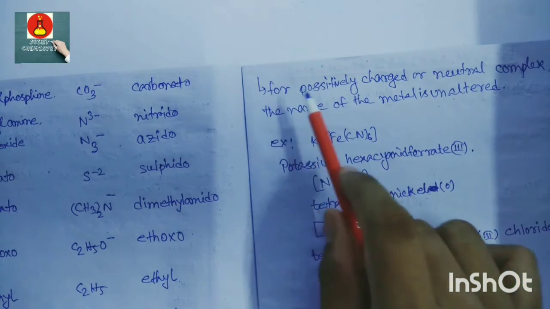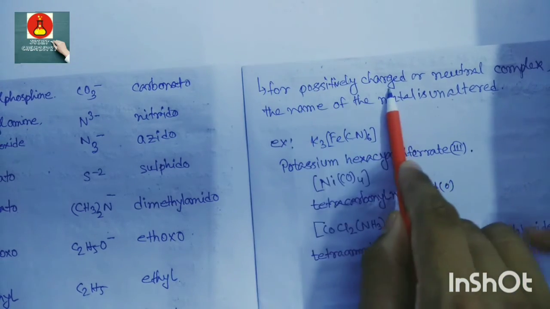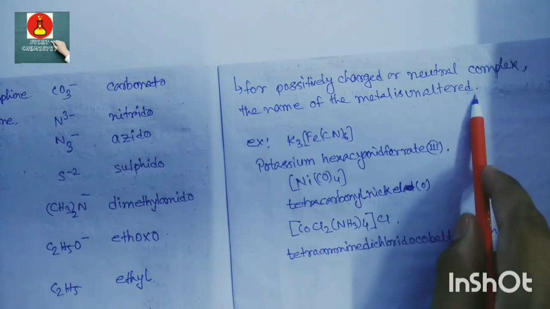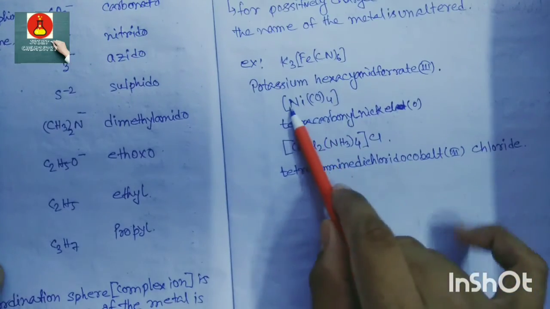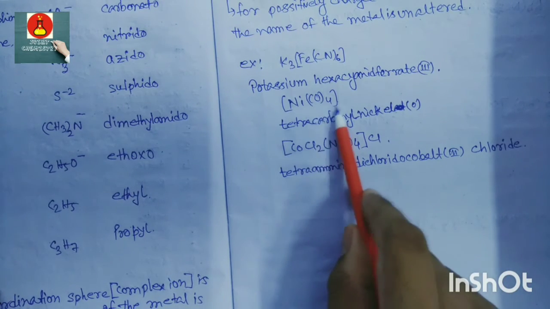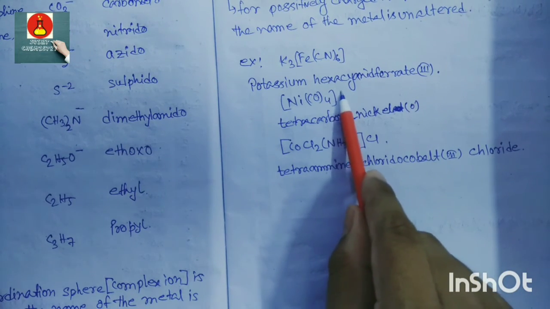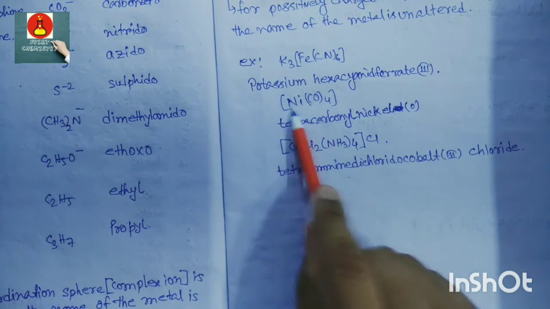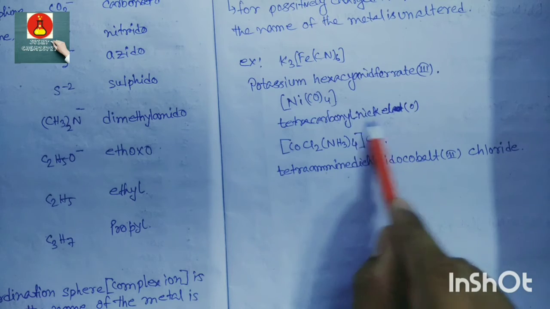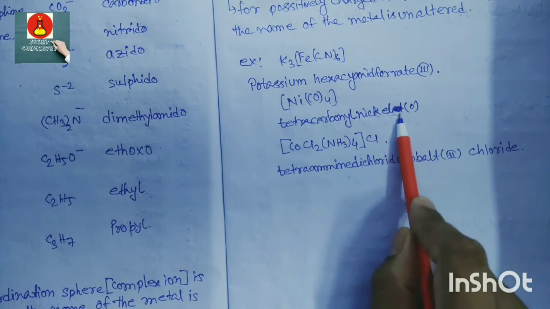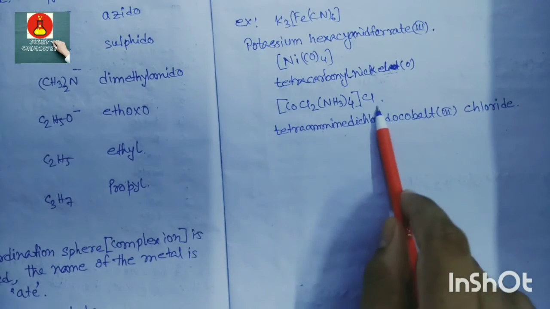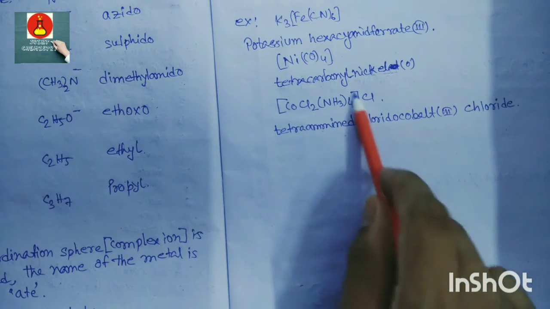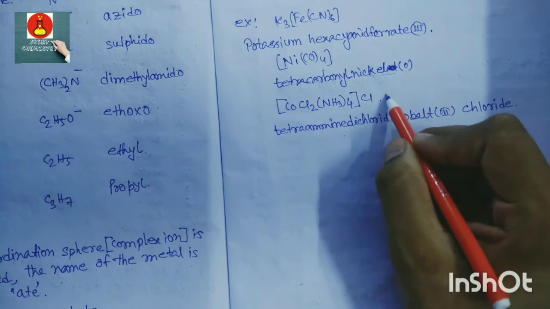The next rule is that for positively charged or neutral complexes, the name of the metal is unaltered. Like in this example, nickel tetracarbonyl, this is a neutral complex. There is no charge outside this complex, so the nickel is written as nickel, with no -ate at the end. This other complex contains a positively charged complex ion.